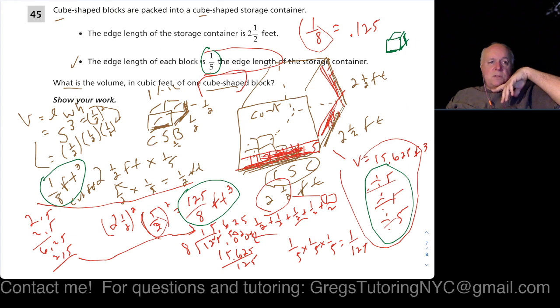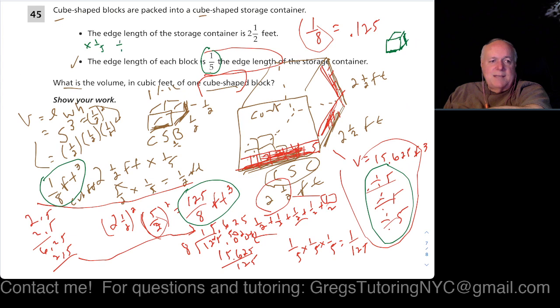Enough students are going to get the original calculation, and instead of multiplying by 1/5, they will end up dividing by a fifth.